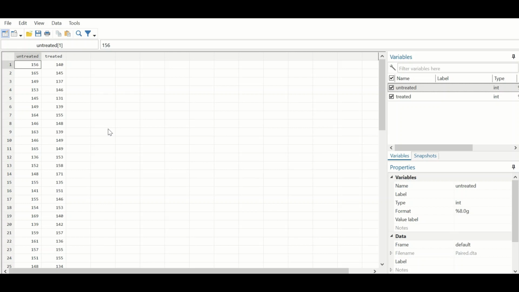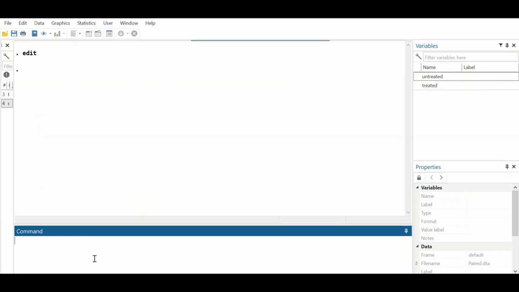as here the two sets of data are paired. To do the analysis, in the command section type ttest, then the name of the first variable, which is untreated, then insert an equal sign twice, and then treated.